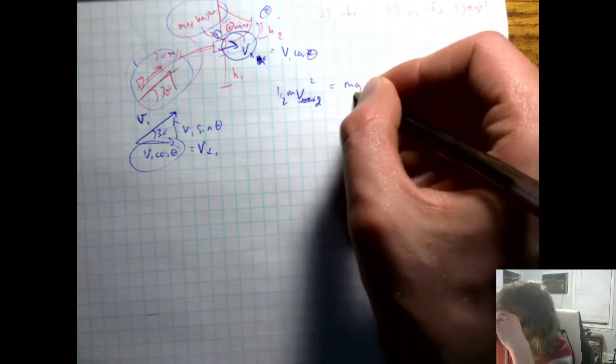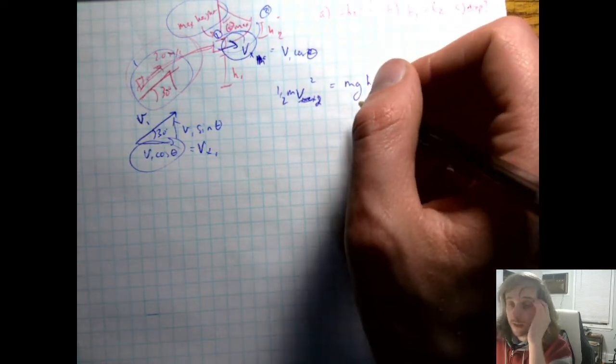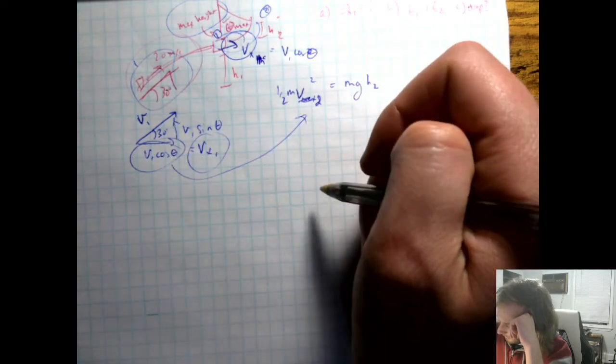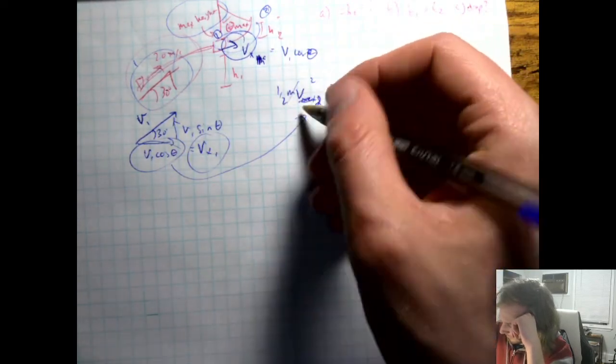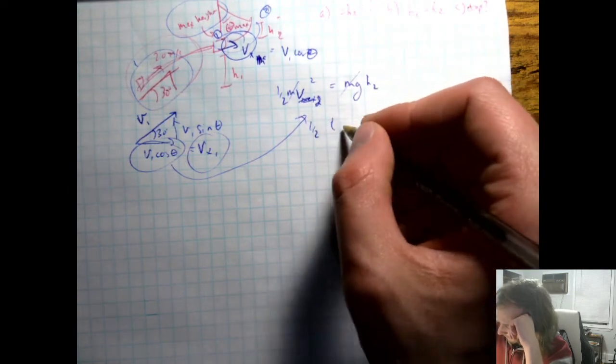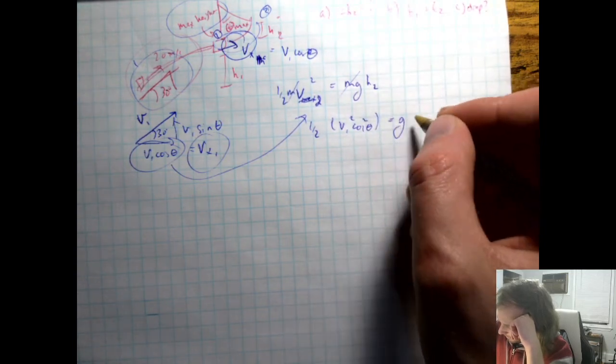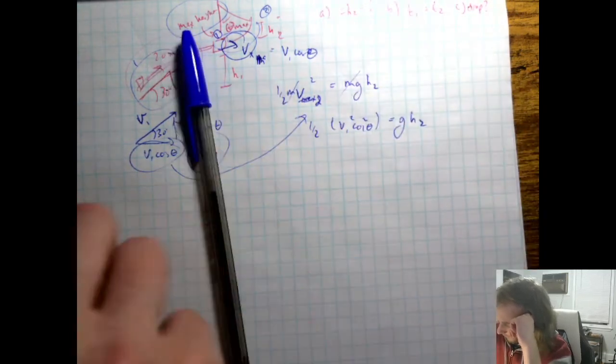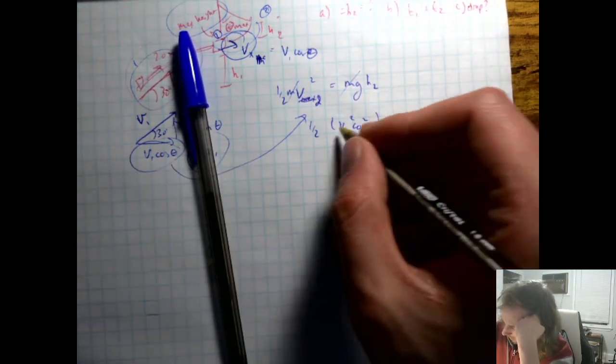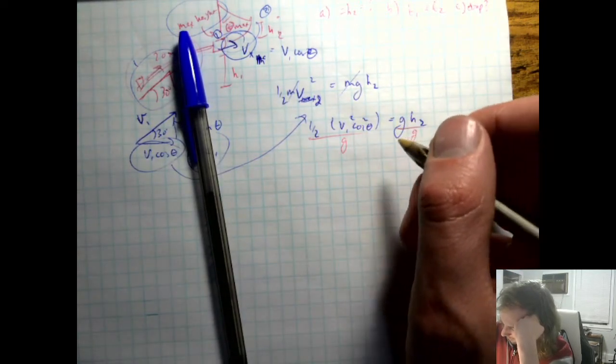V2 will need to equal mgh2, the height that they go for that second location. But I know that that's going to be equal to v1 times the cosine of theta. Mass drops. 1/2 v1 cosine theta squared, distributing that out, is going to equal gh2. So if I want to find h2, I just have to divide each side by g.